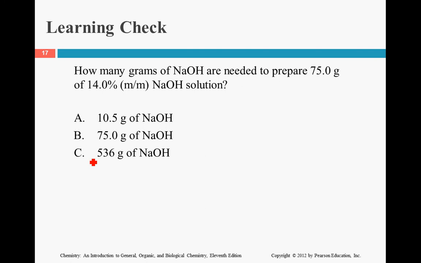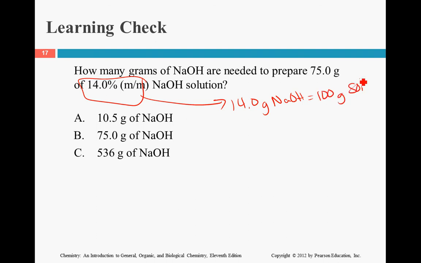How many grams of sodium hydroxide are needed to prepare 75 grams of 14% mass by mass sodium hydroxide solution? So if we're looking at this, we can put this into a conversion factor saying for every 14.0 grams of NaOH, there is 100 grams of solution.